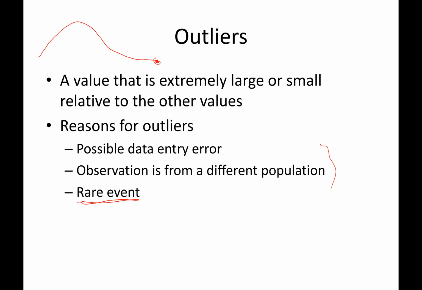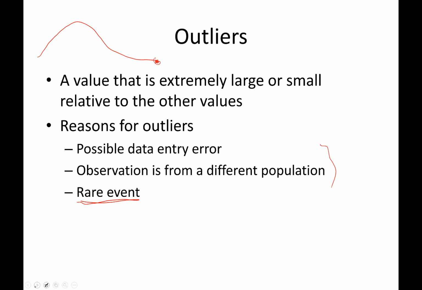If it's a data entry error, and we can go back to the original data and find out what that value is supposed to be, then we can change it. If it's from a different population, then obviously we probably don't want to include it in our data set. The rare event case is the one where we have to think about whether to include it or not, because it's possible, but it's just extremely rare.